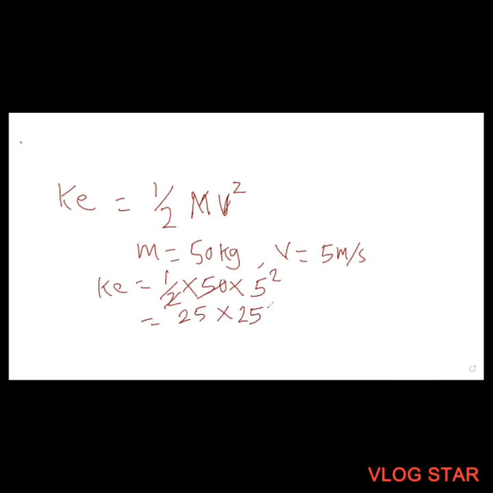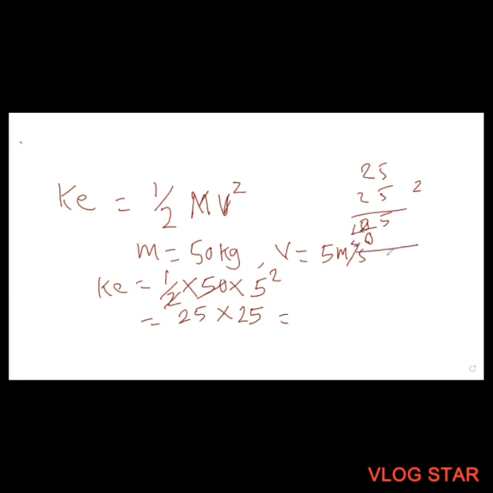When we solve it out, 25 times 25. 5 times 5 is 25, write 5 carry 2. 5 times 2 is 10, plus 2 is 12. Then 2 times 5 is 10, write 0 carry 1. 2 times 2 is 4 plus 1 is 5.